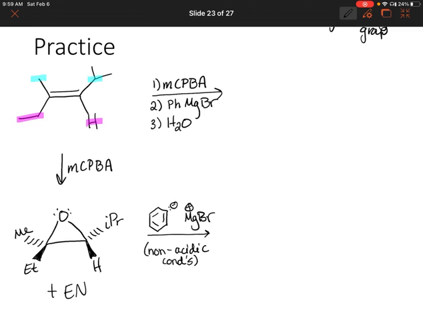Where would the negatively charged benzene ring attack? The left side or the right side of the epoxide? The right-hand side, because if we characterize our carbons, the one on the left is a tertiary carbon, the one on the right is a secondary carbon. And remember, under non-acidic conditions, the nucleophile always attacks the less substituted carbon.